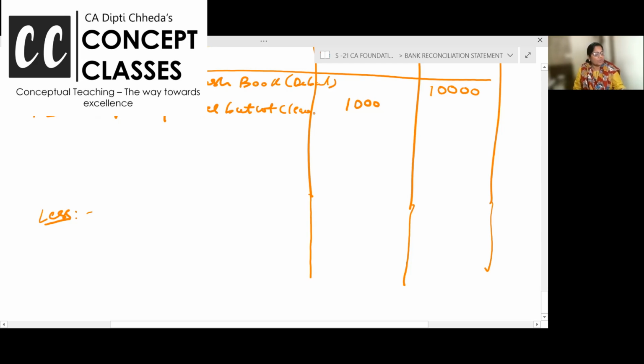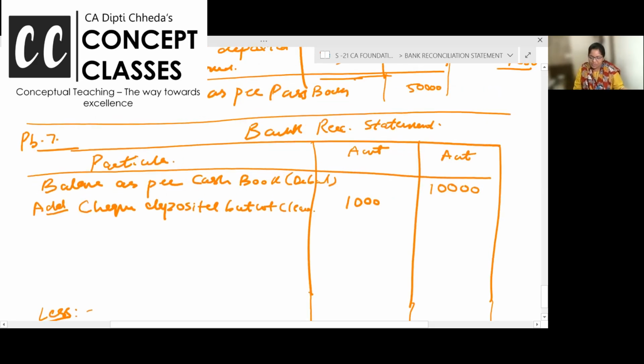So cash of 200 was recorded in the cash book as if there is no bank column. Sorry, I skipped one entry. Okay, no, correct. We missed writing a note also, no? Here we had to write a note for that 1080 entry. So I'll make you write after this now, remind me.